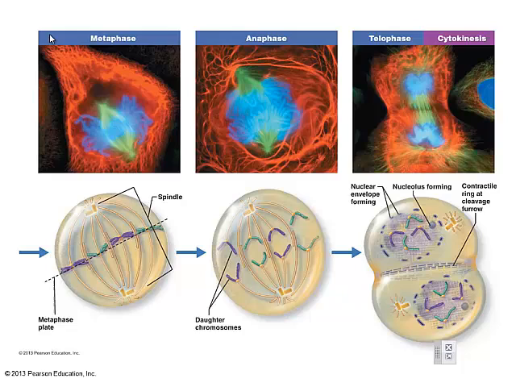Everything's going to be sort of in the same tone. But you'll see the spindles that are produced, those sticky fishing poles, attaching to the chromosomes. And what happens is they kind of line up like this and sort of look like little spider legs. And then during anaphase, I'm going to reel in my catch.